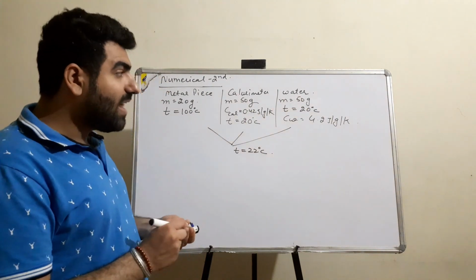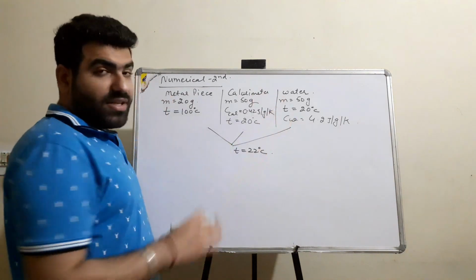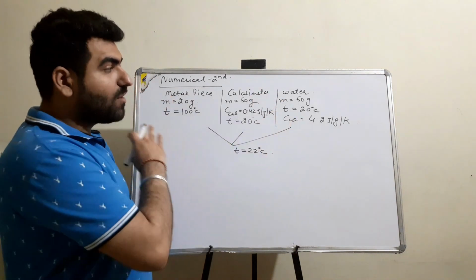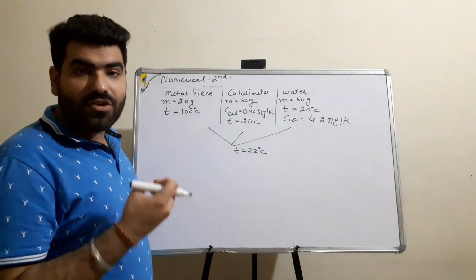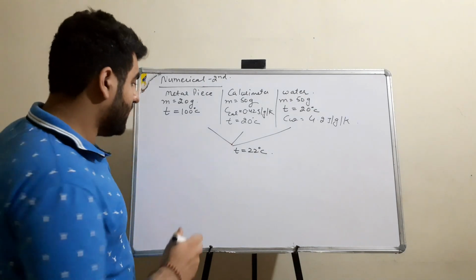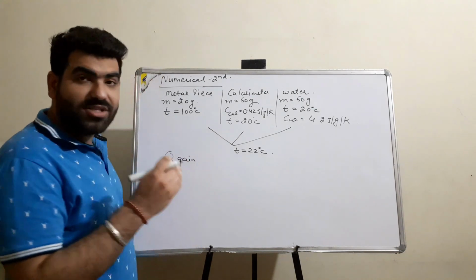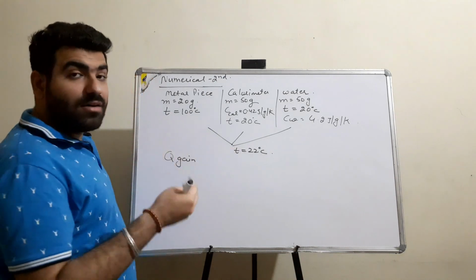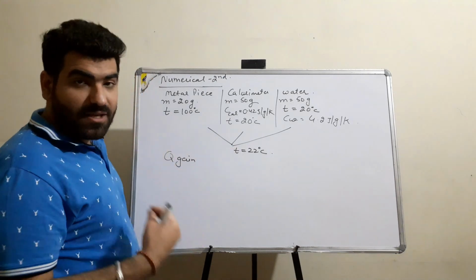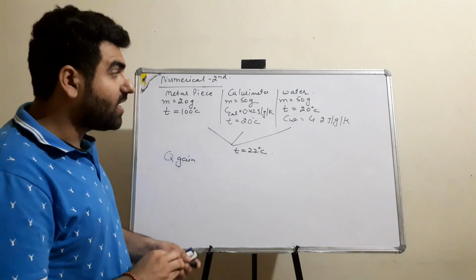Now we'll have to apply heat gained equals heat lost. So now there are three things. We'll have to see which of these are going to gain heat and which are going to lose heat. Heat will be gained by the objects at a lower temperature compared to the final temperature, and heat will be lost by the substance at a higher temperature.